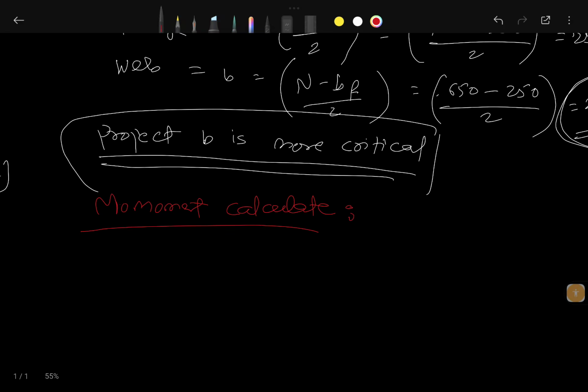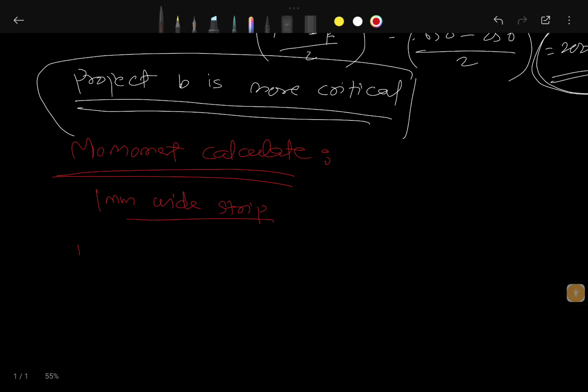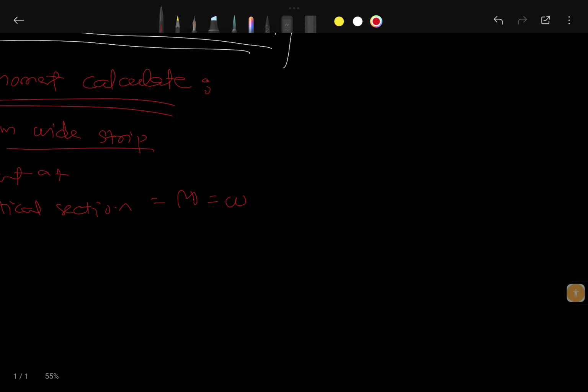For a conservative and simple design, we calculate the moment for a 1 mm wide strip. So for the moment at the critical section, the formula is M is equal to w b square by 2.